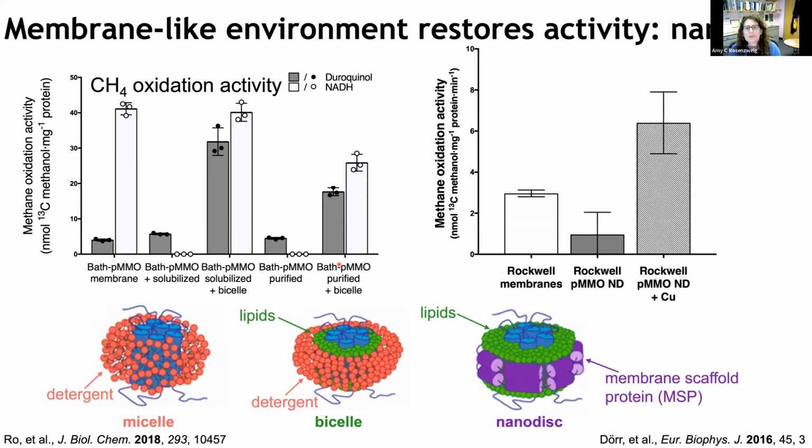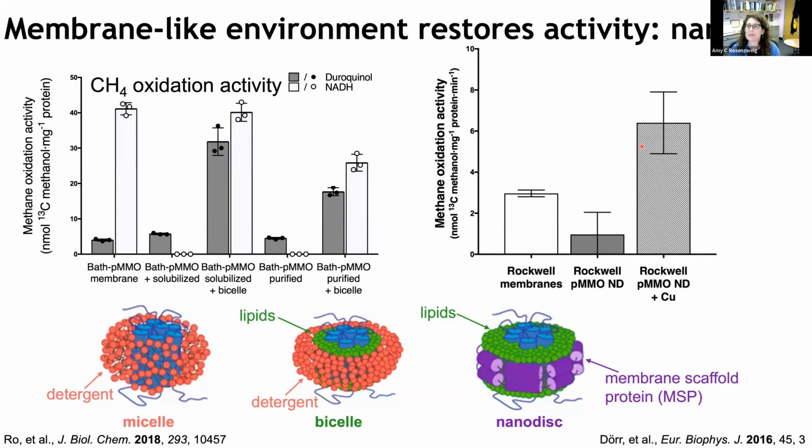Sue and Chris Koo in the lab then went on to put PMMO into another type of membrane mimetic environment, a nanodisc. And this is like the bicell in that you surround PMMO by lipids, but then instead of detergent, you have this membrane scaffold protein that surrounds it. And these are some data just showing activity of membranes and then of nanodiscs and of nanodiscs prepared in the presence of copper to show that we could get activity in these nanodiscs.